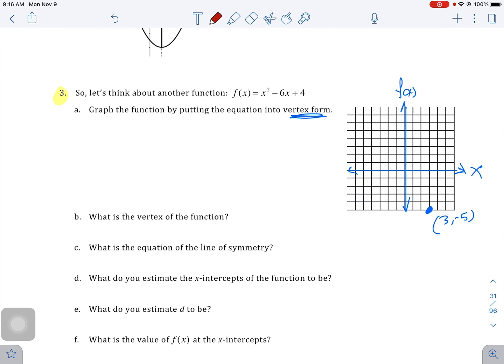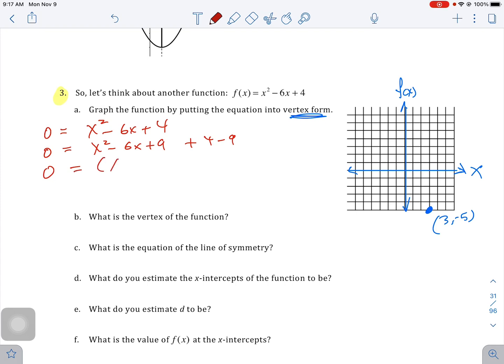This time you're not able to factor it, so they're asking for vertex form. So we'll set it equal to 0, and we're going to say x squared minus 6x plus 4, and we'll use completing the square. Half of negative 6, squared, gives you 9.